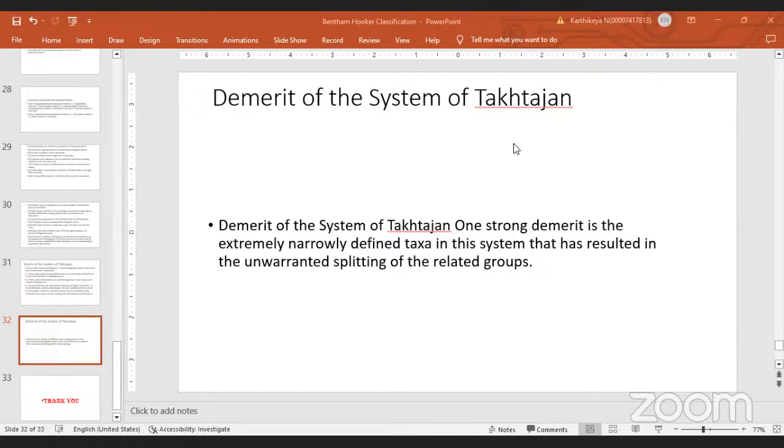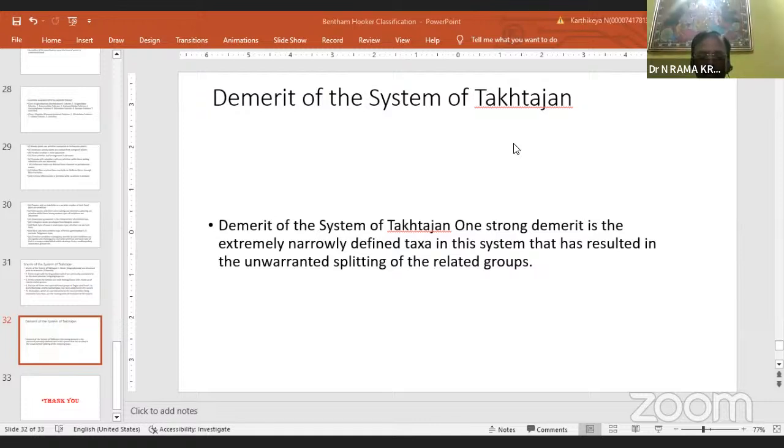Three systems are there in classification. Next, how does the natural classification system differ from the phylogenetic system, and describe the Bentham and Hooker classification system.